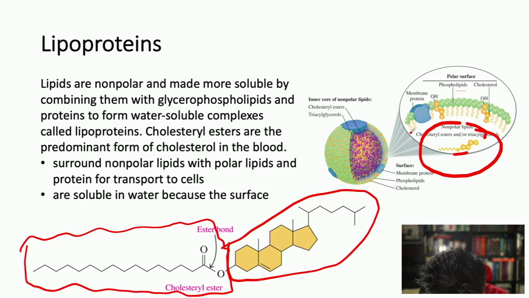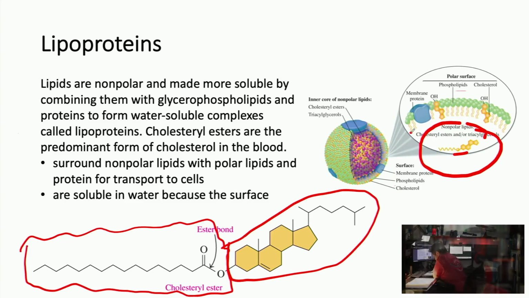And so what happens is that when all these cholesterol esters are surrounded by a phospholipid layer, right, that also has some cholesterols interlaced in between, it makes them more soluble in water so that they can be transported through the bloodstream, right? And so that's essentially what a lipoprotein is, right?